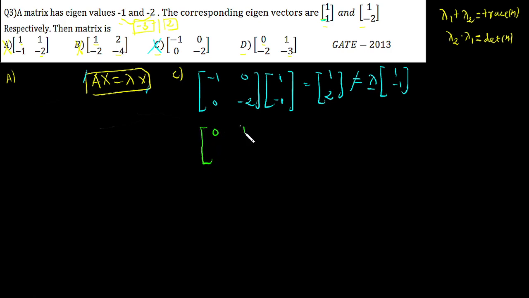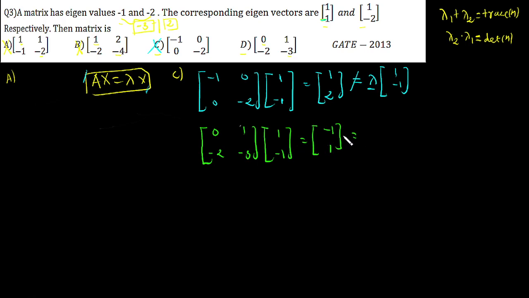Here we have the matrix in this form, and let's put again this vector (1, -1) and do the multiplication. Here I am getting -1 and here I am getting +1.